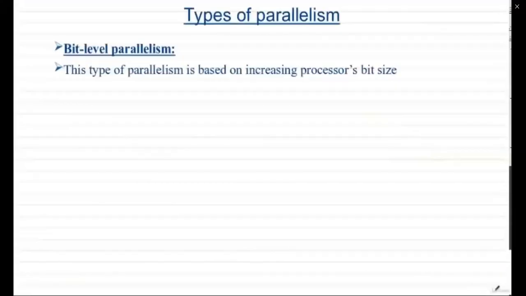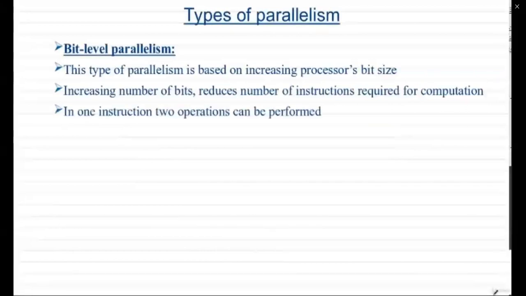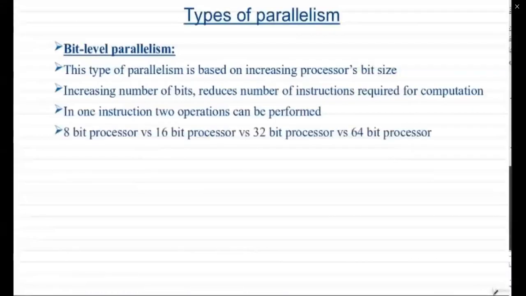This type of parallelism is based on increasing the processor's bit size. By increasing the number of bits in the processor, the number of instructions required for computation is reduced, and in one instruction more operations can be performed. Consider 8-bit, 16-bit, or 32-bit processors.